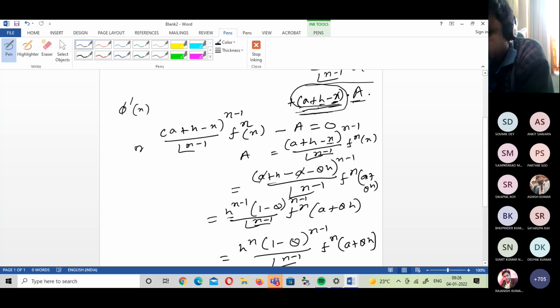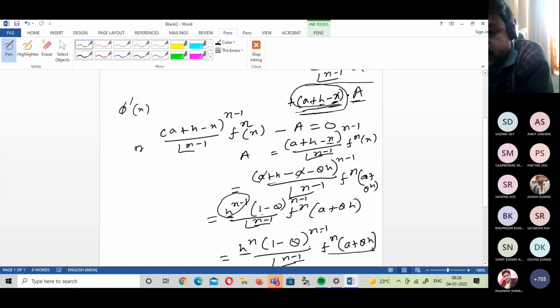H into capital A. Now here it is coming h to the power n minus 1. So h into h to the power n minus 1, this is h to the power n. 1 minus theta to the power n minus 1 by factorial n minus 1 f n of a plus theta h.